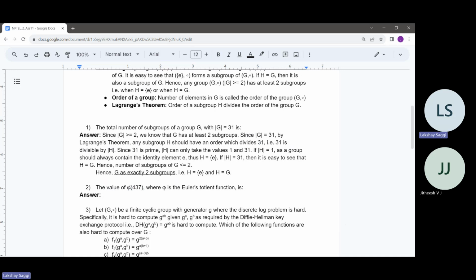To calculate the value of phi of n for any number n, we first do the prime factorization of that number. So let's do the prime factorization for 437.